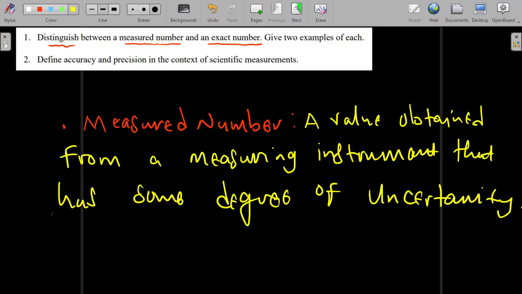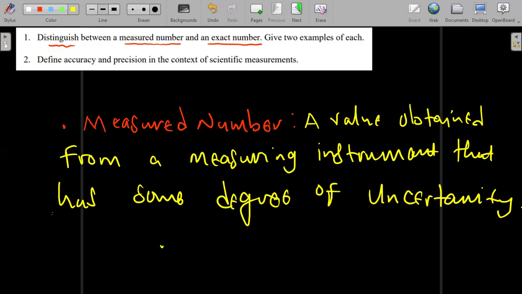For example, you can measure the length of your book with a ruler. The value that you get there, we call a measured number. You can also measure the mass, like the example of an apple. That number that you get from there is called a measured number. Those are some of the examples that you can give.